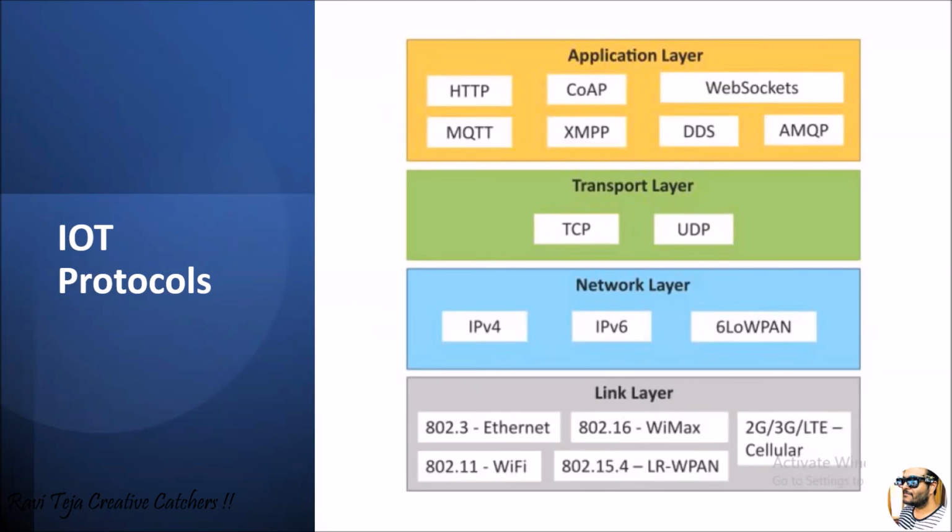In that, a data service is also integrated with the help of mobile cell sites. So all these layers, the application layer, transport layer, network layer and link layer, help in developing IoT devices for monitoring as well as controlling IoT devices for various applications.